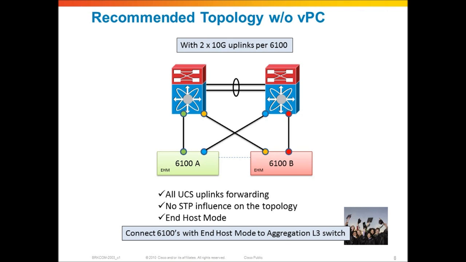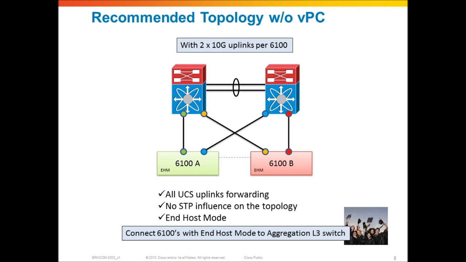With end host mode here, I still have the benefits of all links forwarding for all VLANs. I don't have any spanning tree influence on the topology. There's no spanning tree processing running here between the fabric interconnects and the upstream LAN switch. And I still have upstream LAN switch failure protection as well. So if any one of those upstream switches fail, it will not completely take down any one of the fabrics.